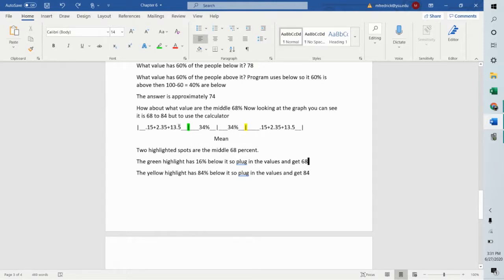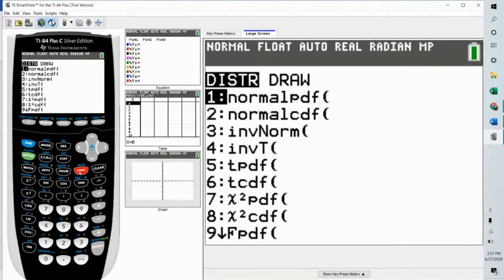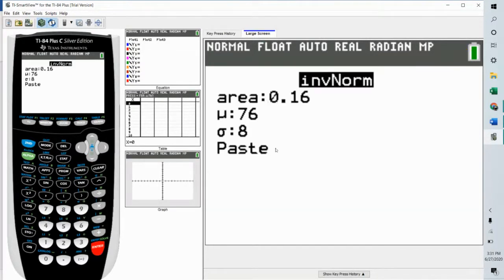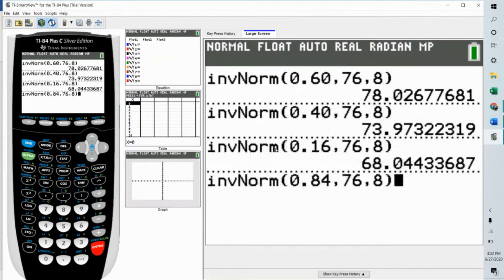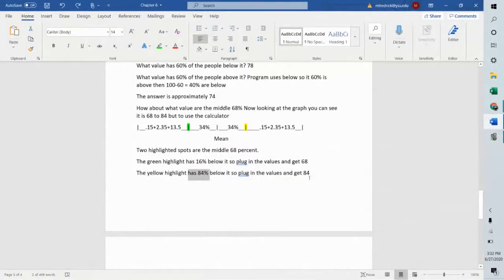So not only do we need the 16, we need this 34 and this 34. So that adds up to 84%. So we need to plug in 84%. We go over second distribution, down to the inverse and hit enter. And we wanted 84. Solve, we get 84, which was what it was.